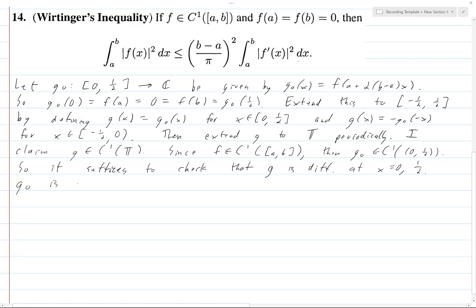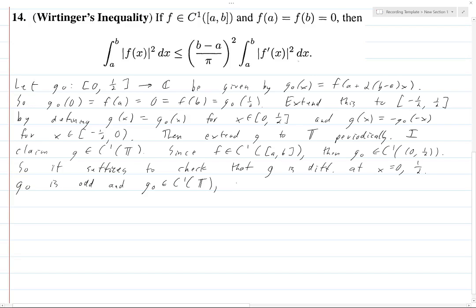g naught is odd, and g naught is in C1 of the torus. Did we prove that? That is not entirely obvious to me.